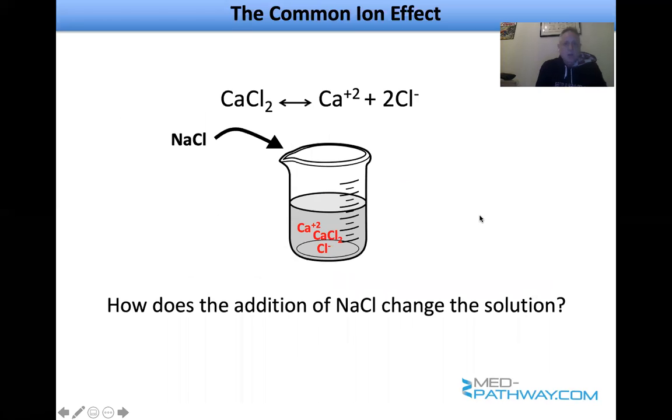So the AAMC MCAT lists something called the common ion effect, and this is basically solubility meets Le Chatelier's principle. So here what we have is calcium chloride dissolving in an aqueous solution to calcium plus chloride ions. But what happens if we actually throw some sodium chloride into that beaker? Well, what's in common is chloride from sodium chloride and chloride from calcium chloride.